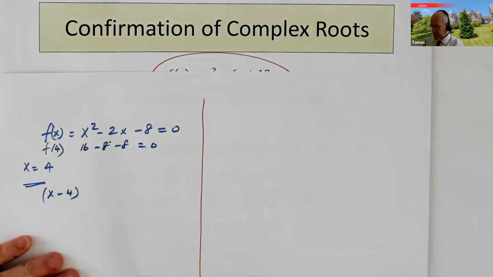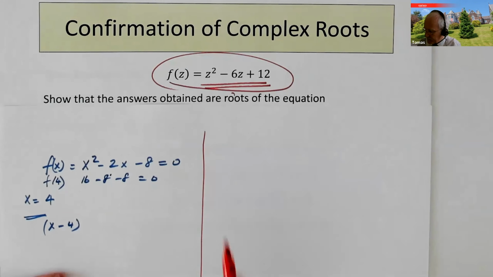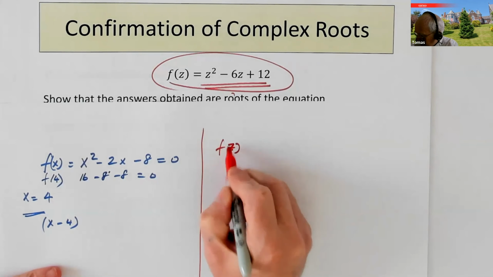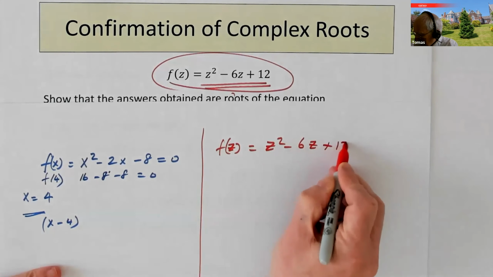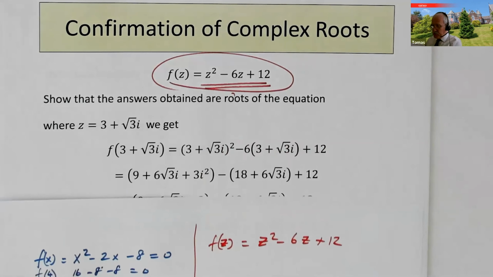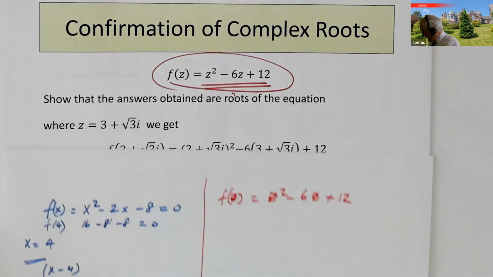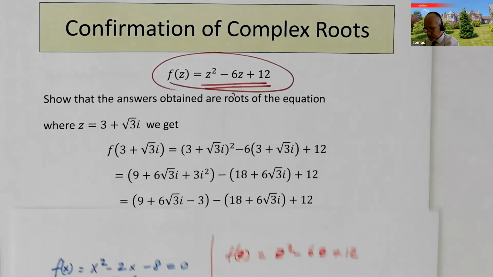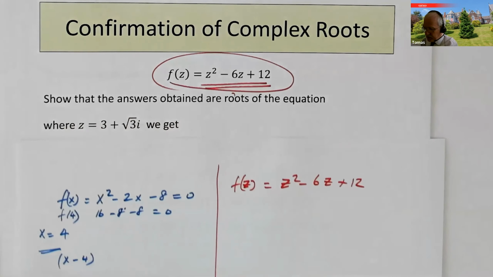What's happening in complex numbers just looks a bit more complicated, but there's not much more going on. f of z here is z squared minus 6z plus 12. And it says, show that z equals 3 plus root 3i is a root. Show that the answers obtained are roots of the equations.